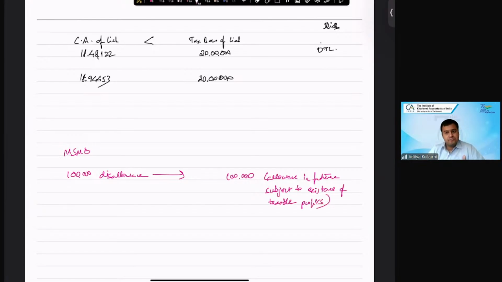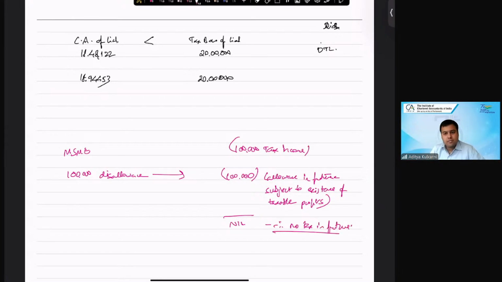Do you agree, everyone? You should have at least 1 lakh of taxable profit, taxable income. So against this 1 lakh of taxable income, you will claim this as an expense, show nil profit, therefore no tax in future.